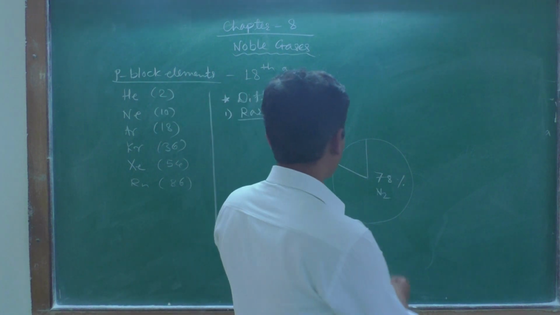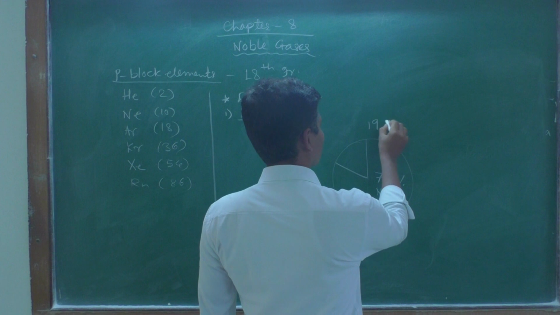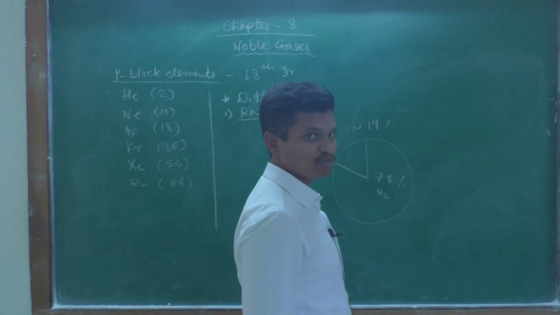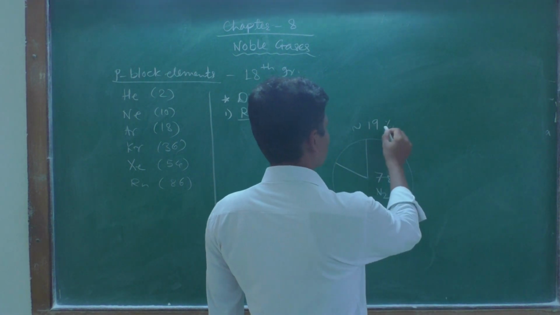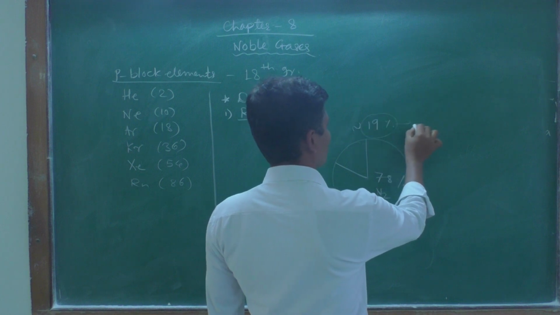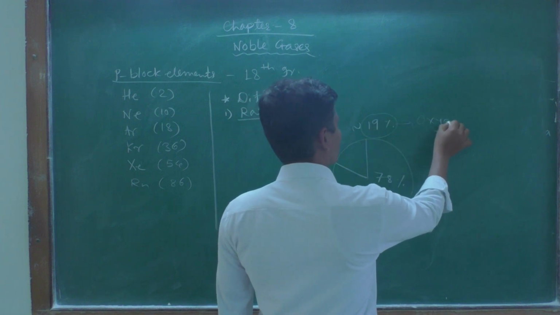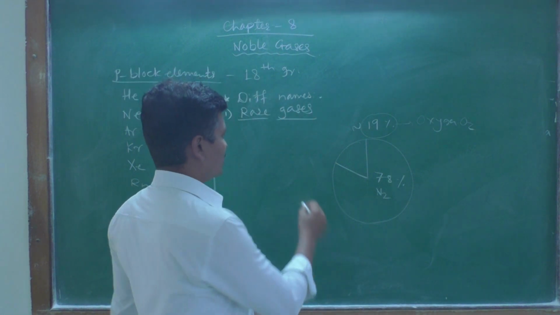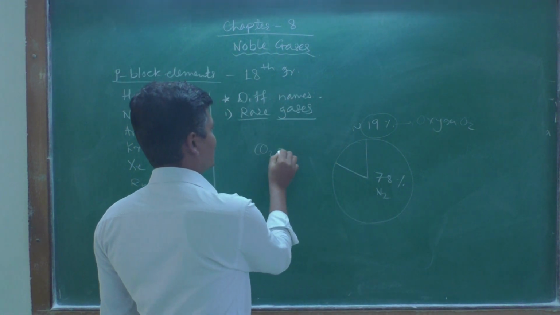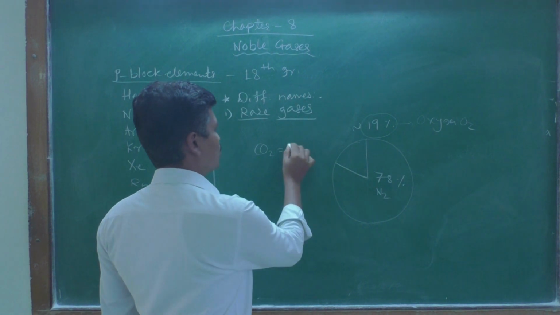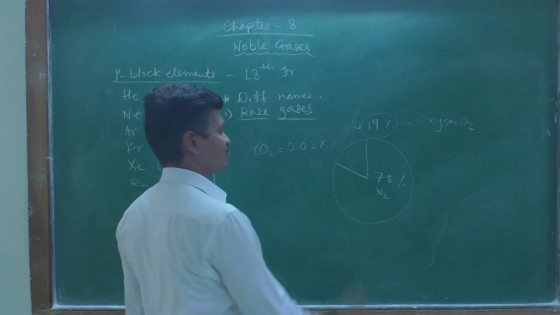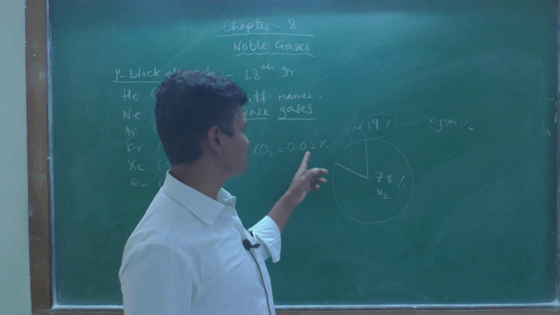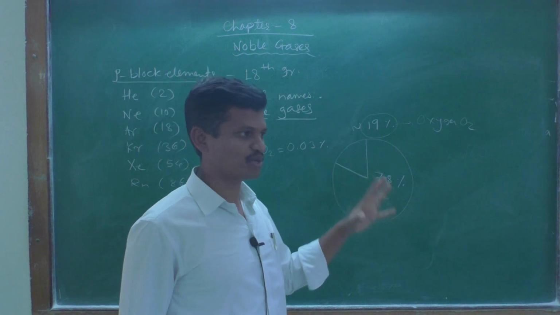About 19% of the gas is oxygen, that is O2. And carbon dioxide is only 0.03% present in the atmosphere.